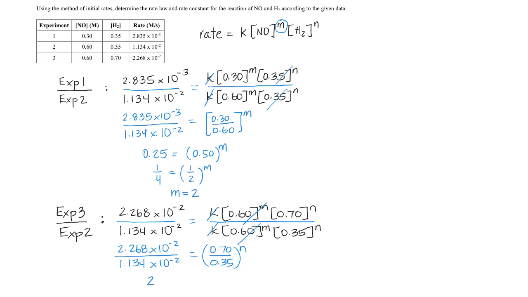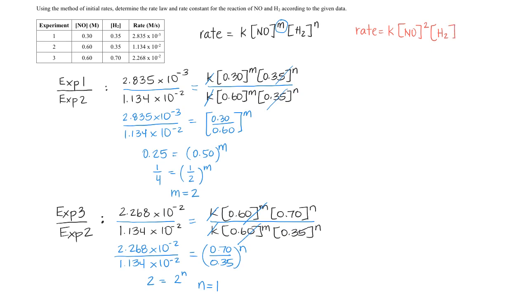Simplifying, we get 2 equals 2 to the n power, and hopefully we all can see that n is going to equal 1. We've solved for both exponents in our rate law, so let's rewrite the rate law for this reaction. Rate equals k times the concentration of NO squared times the concentration of H2.